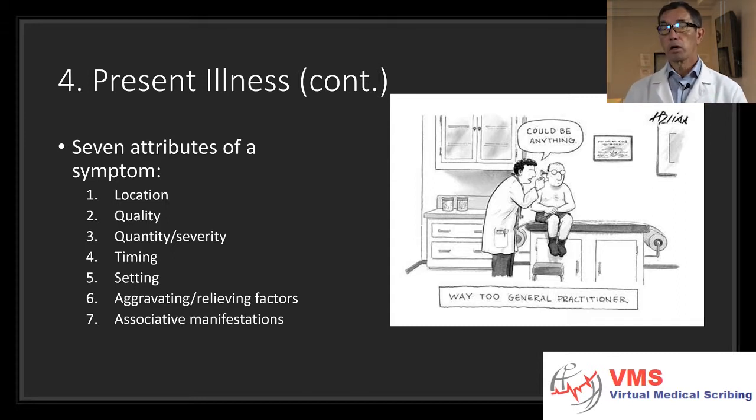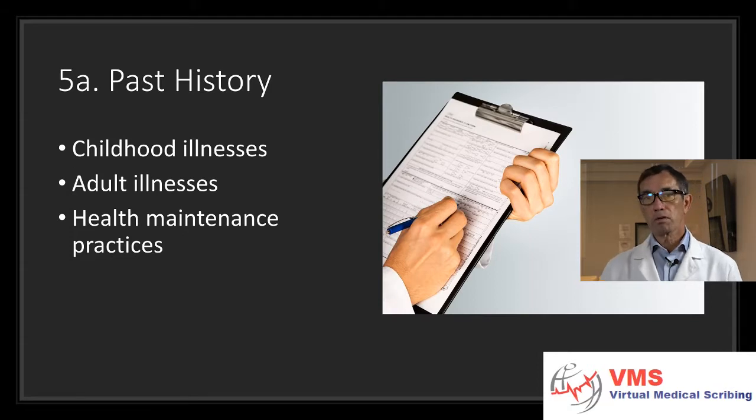Does it come and go? In what setting? Is it only when they're running or when they're sitting? And then aggravating or relieving factors, like it's better if I put ice on it, it's worse if I have to stand for long periods of time, those sorts of things. And then any associated manifestations, for example, it only happens when I'm in a dusty environment, those sorts of things. So essentially you're a little bit like a detective. You're a little bit trying to look for clues.